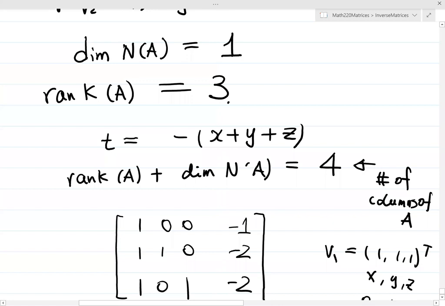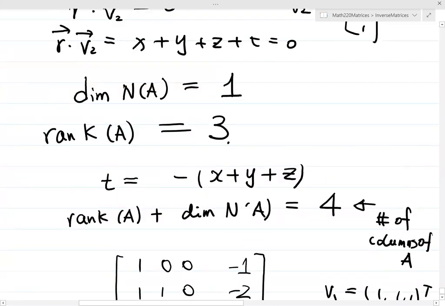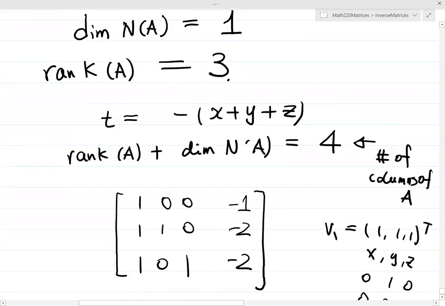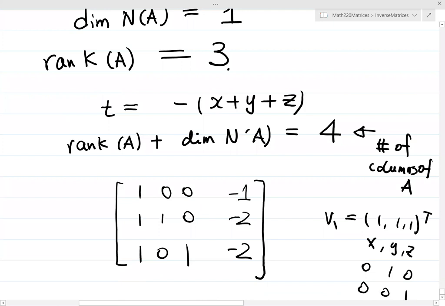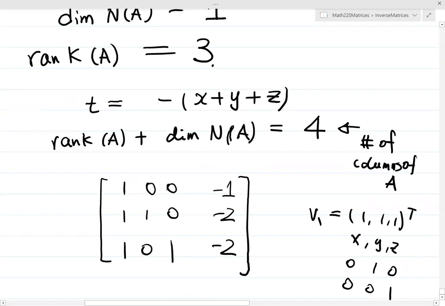Okay, here you need to be really careful. With this condition, t equal to negative (x plus y plus z), it gives one condition that the matrix A should satisfy. But you need to make sure that the null space cannot be bigger. Here the null space is given as a one-dimensional space.